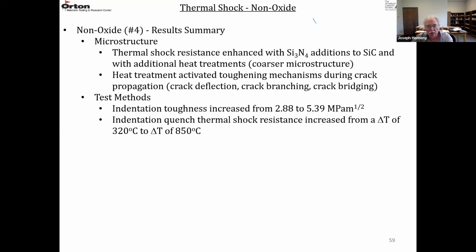In all cases, the carbon matrix is there to give a greatly improved thermal shock resistance. So there's a lot more you can do with those materials in varying the carbon contents and the microstructures to really improve the thermal shock resistance.